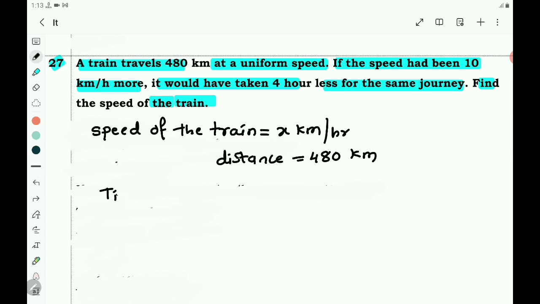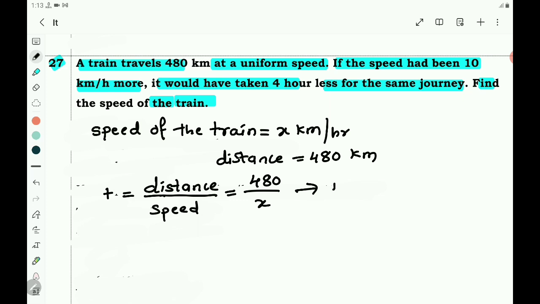Time taken t is equal to distance by speed, which is equal to 480 by x.